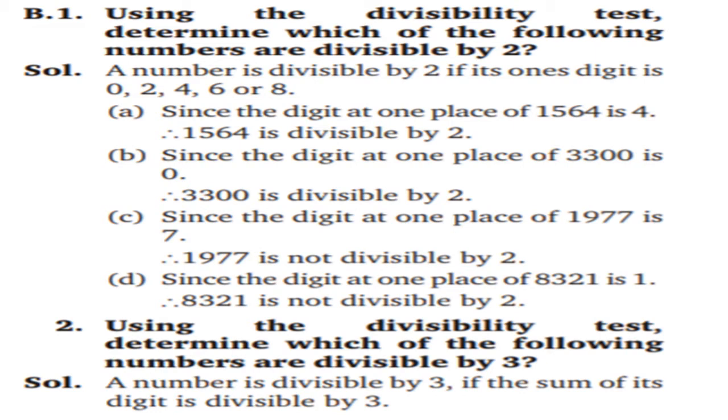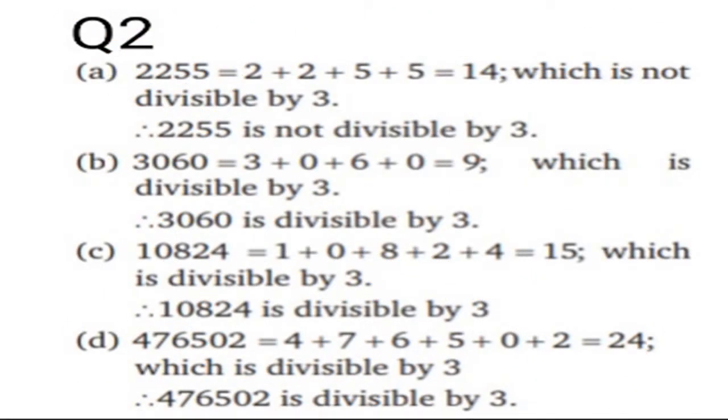Now second question, using the divisibility test determine which of the following numbers are divisible by 3. So for 3, which condition do we apply? A number is divisible by 3 if the sum of its digits is divisible by 3. A option is 2255. So firstly we add the digits, 2 + 2 + 5 + 5.